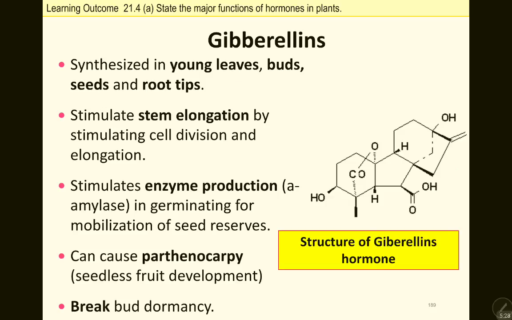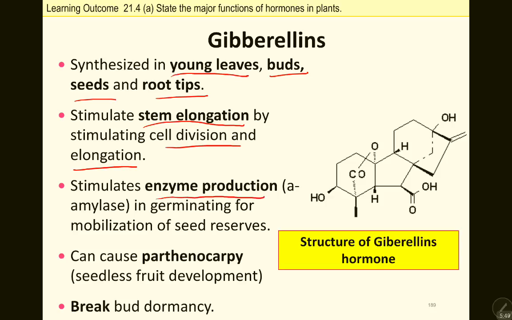Okay, next hormone, gibberellin. Gibberellin is produced in the young leaf, bud, seed, and also root tip. So what is the function of gibberellin? Stimulate stem elongation, for the stem to become longer by stimulating cell division and elongation.